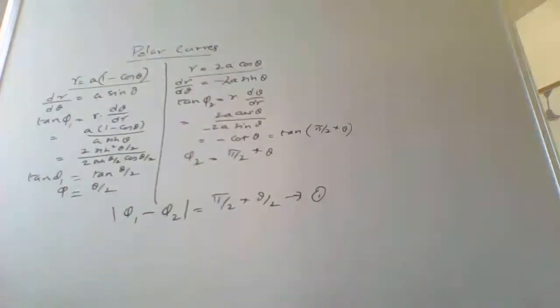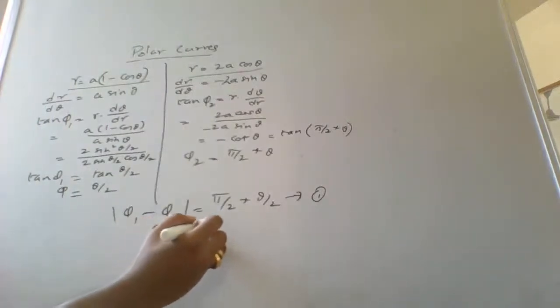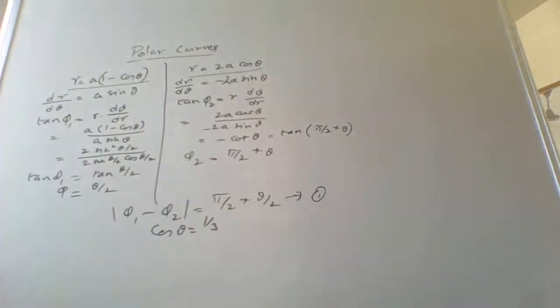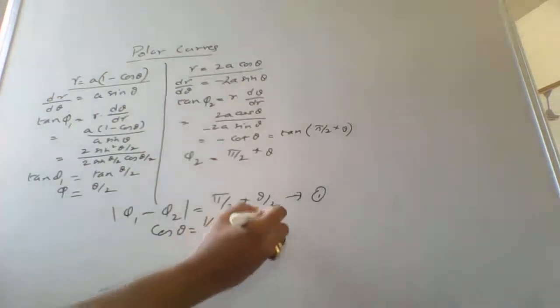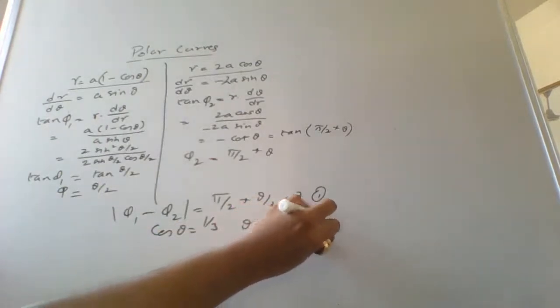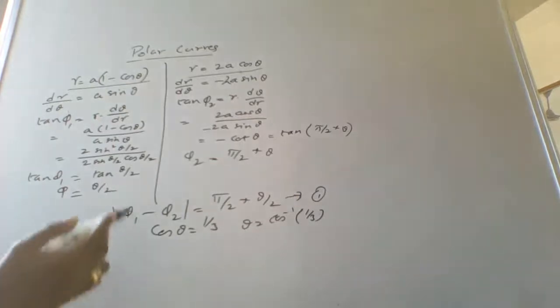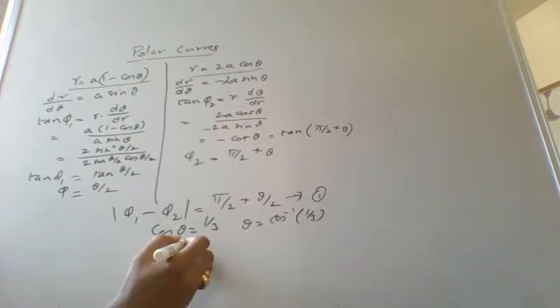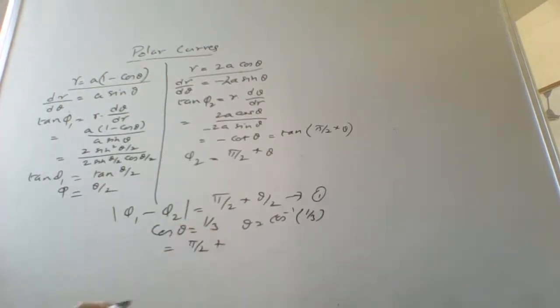Equating them, we can get cos theta as 1 by 3 here. So theta would be cos inverse of 1 by 3. So the angle, for this theta, we get pi by 2 plus theta by 2 as the angle between the two curves.